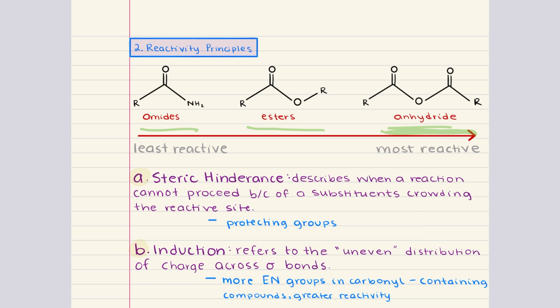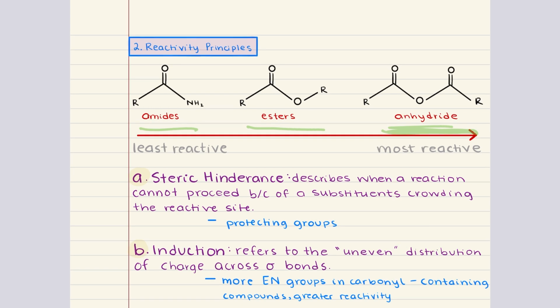This ordering from amides to esters to anhydrides is determined by several important factors that influence how easily the carbonyl carbon can be attacked by a nucleophile. Let's now walk through the major factors that influence the reactivity of carboxylic acid derivatives.